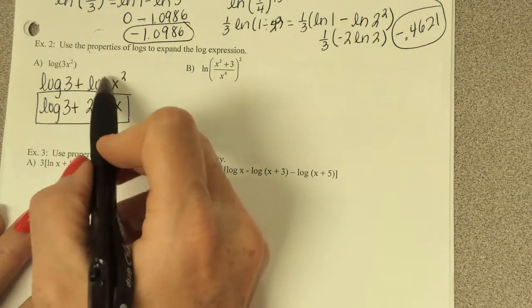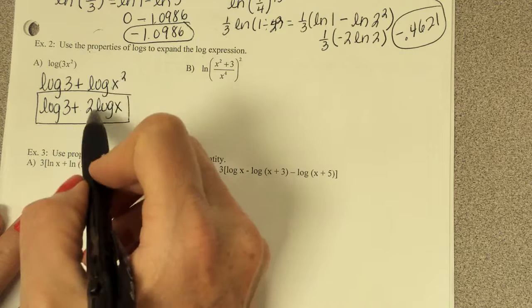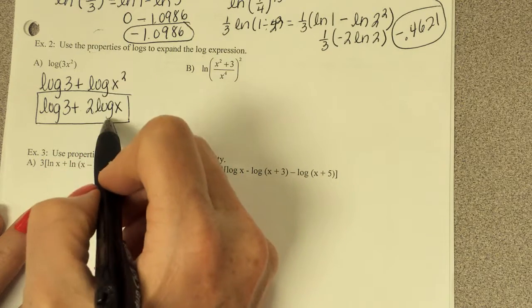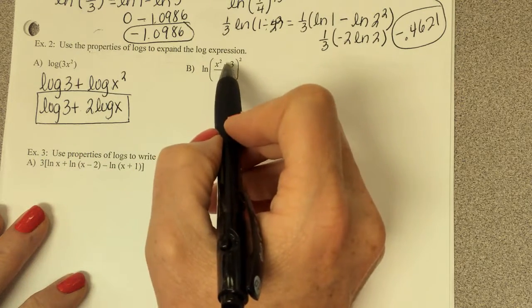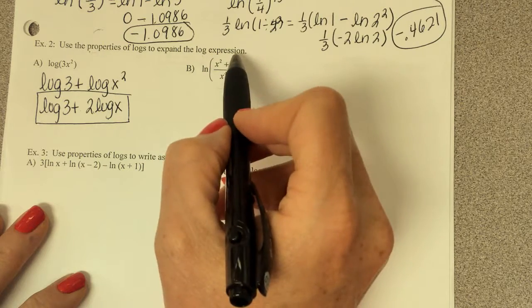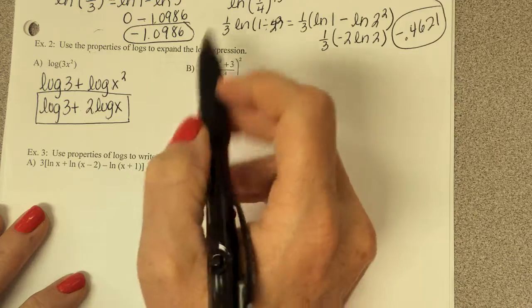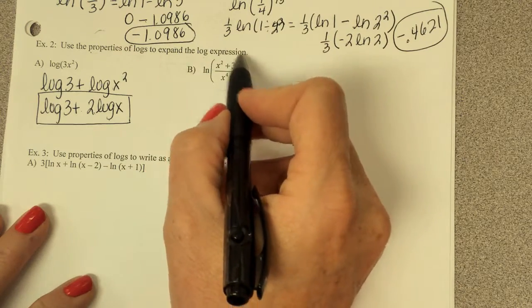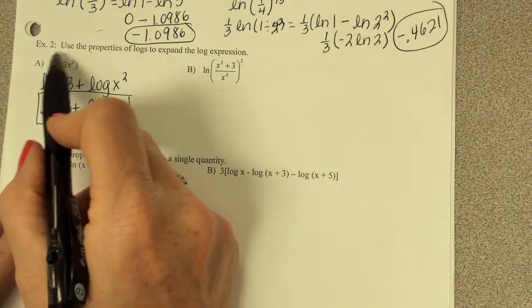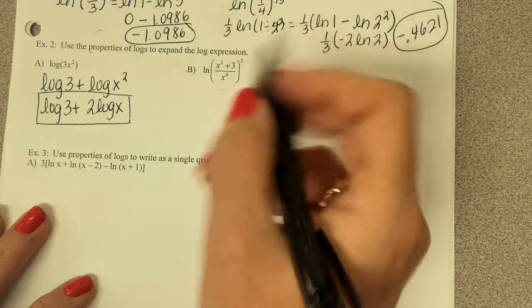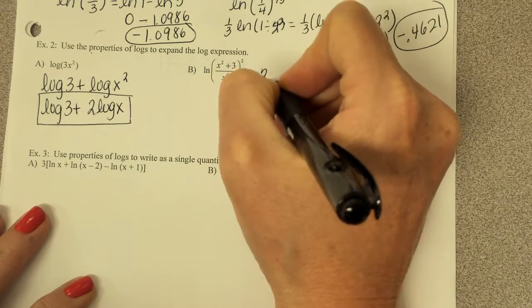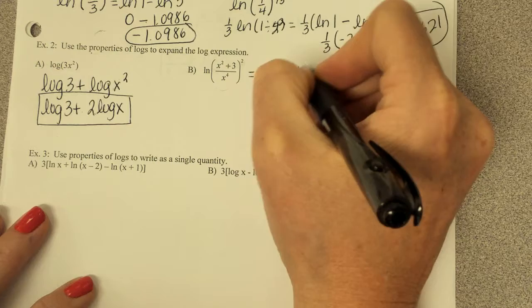Notice on this one, it's only the x that's getting squared, so the 2 only goes in front of this term. Whereas on this one, it's the whole thing that's getting squared, so the 2 has to go in front of everything here. So the first thing I'm going to do on this is bring the 2 down in front, whereas here I could not bring the 2 down in front because it was only with the x.